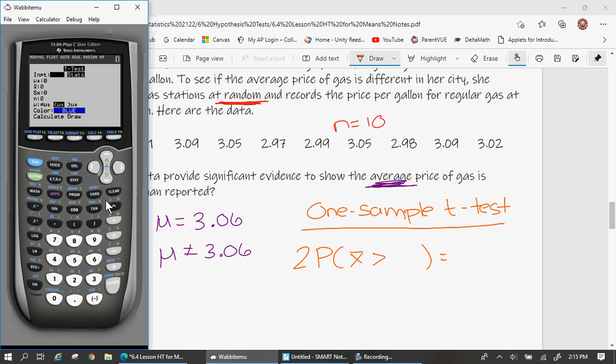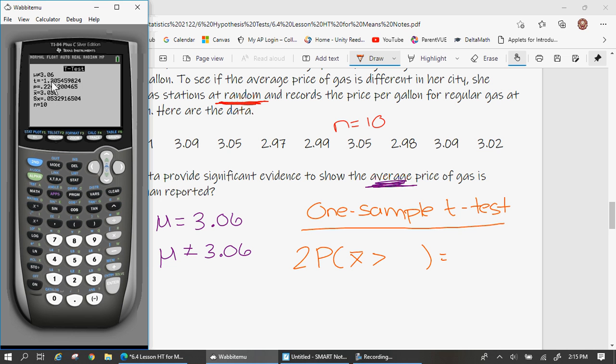I'm going to use the data option because I put that into the calculator. We're going to tell it what our null hypothesis mean is, which is 3.06. I put my stuff in the list 1, so tell it to grab my list 1 data. I'm going to make sure I have the correct alternative selected, the not equals to, and then I'll calculate.